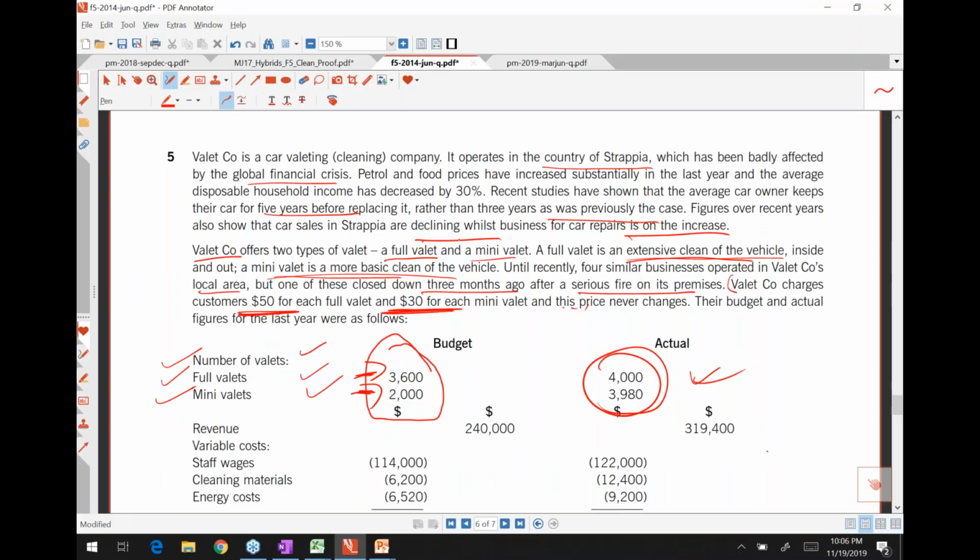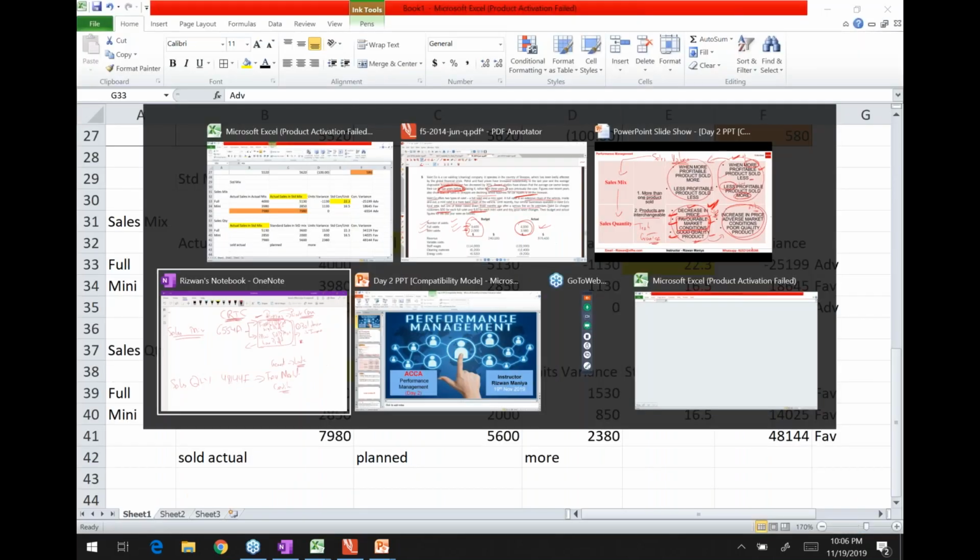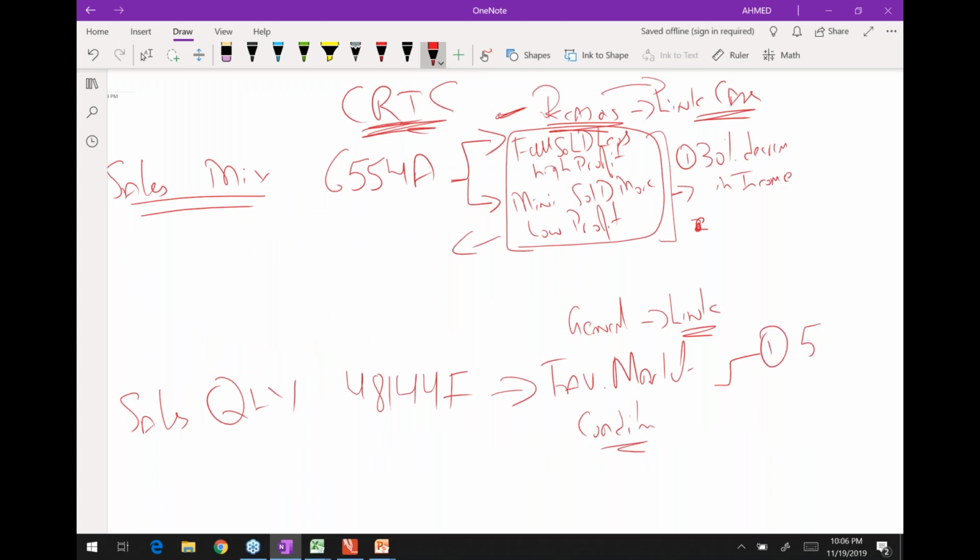People are keeping their cars longer, which means previously they used to keep them for 3 years and now they are keeping them for 5 years. So if you keep for 5 years, more service will be required. So the reason is simple: 5 years instead of 3 years, so more service required. Link with the scenario.